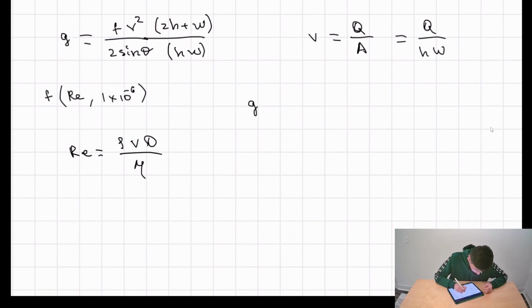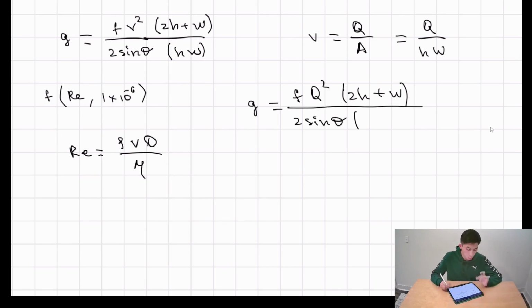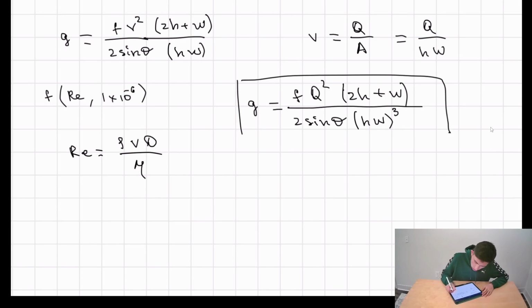So we have g equal to the Fanning friction factor multiplied by q squared (2h plus w) over 2 sine theta. We already have one h times w, and we're adding 2 more, so it's going to be h times w cubed. So we can use this equation in our root solver.